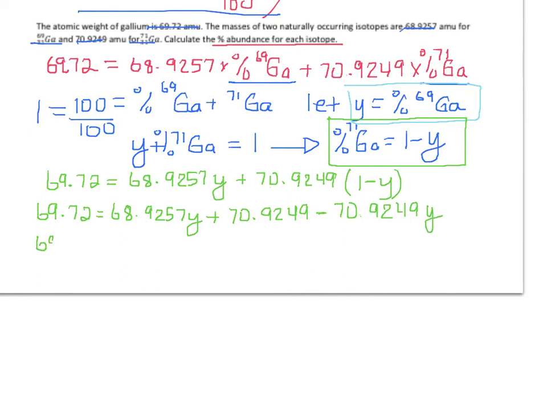So 69.72 minus 70.9249 is equal to 68.9257y minus 70.9249y.